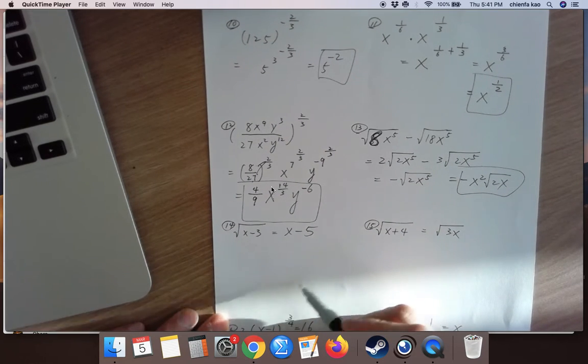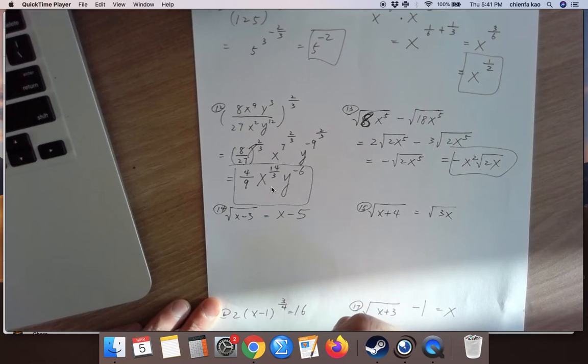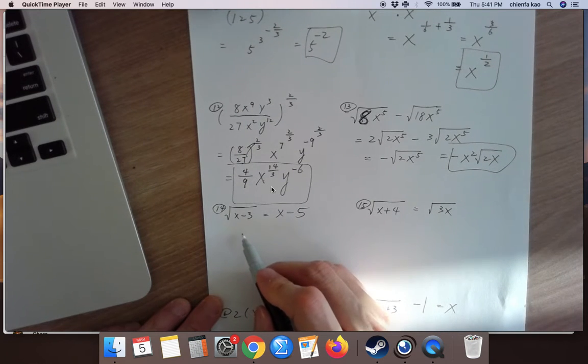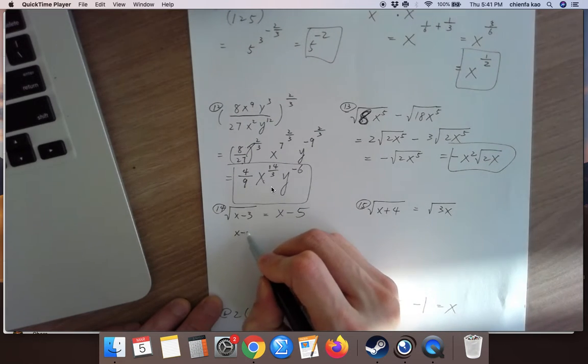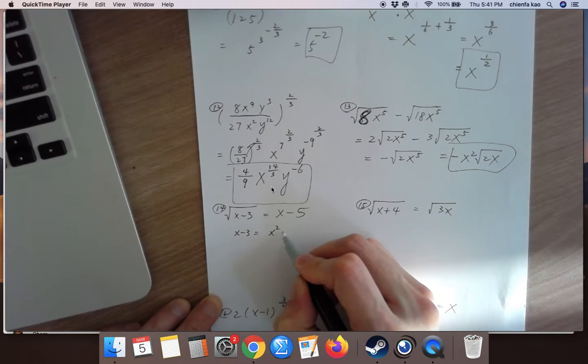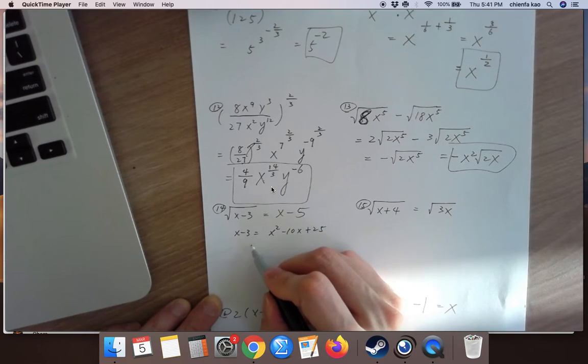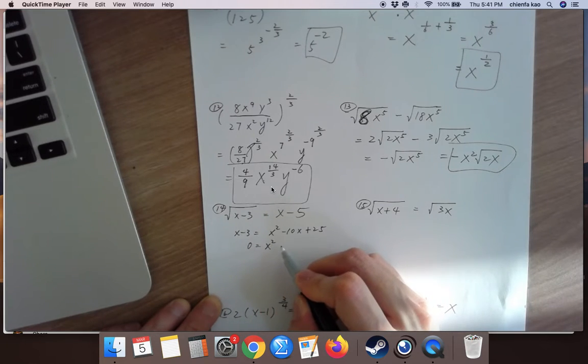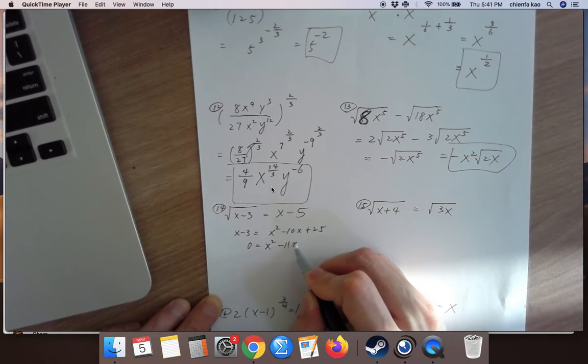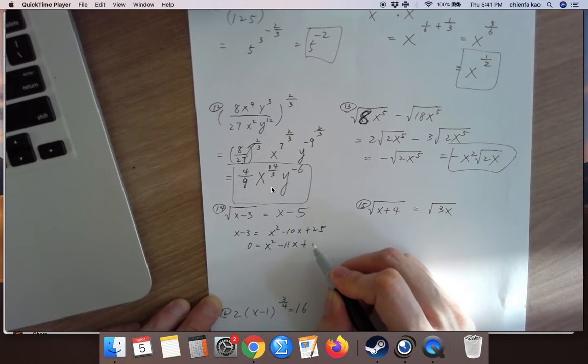This one. Okay, let's solve for x. Make sure you plug it back in. It's very important that you do that. Square both sides. Move some numbers around. 7 and 4.